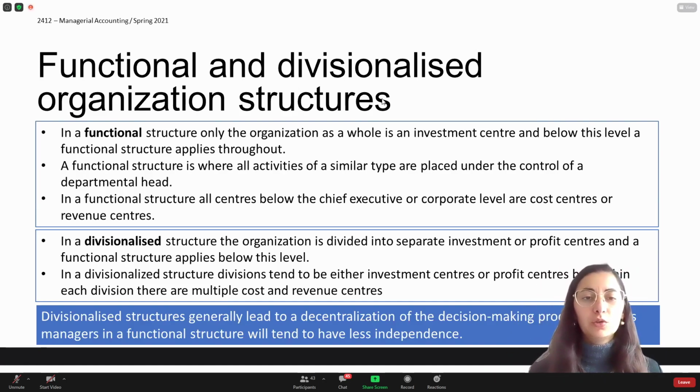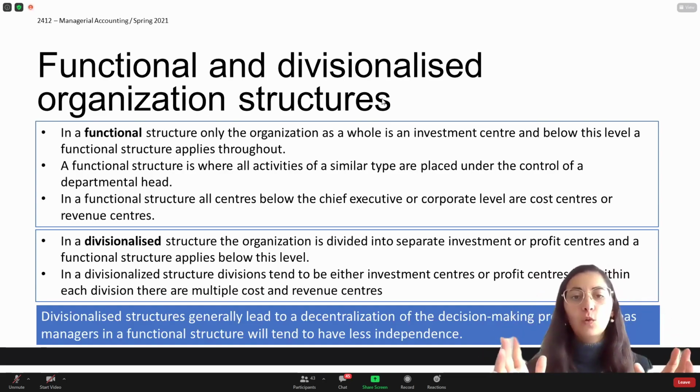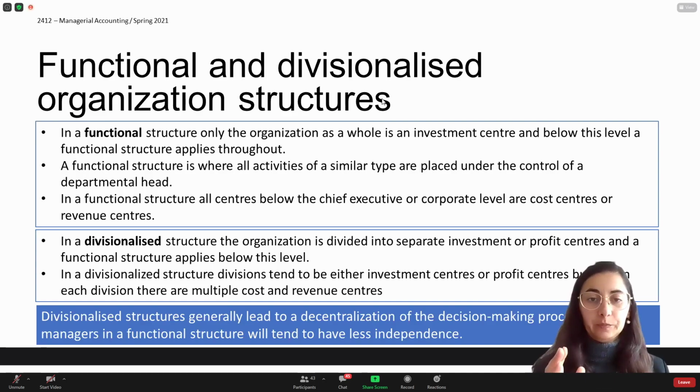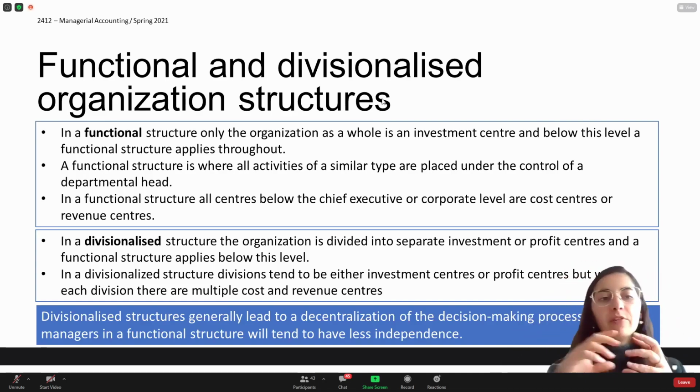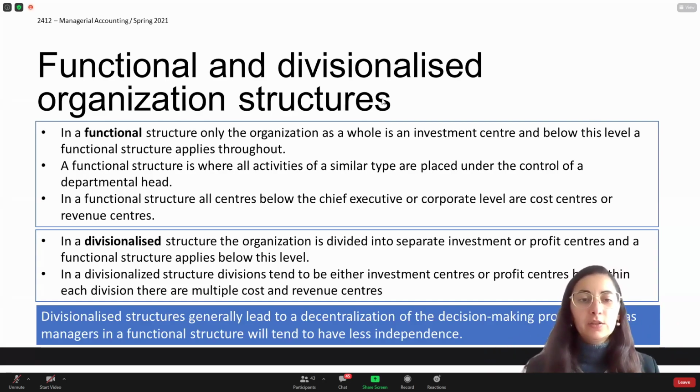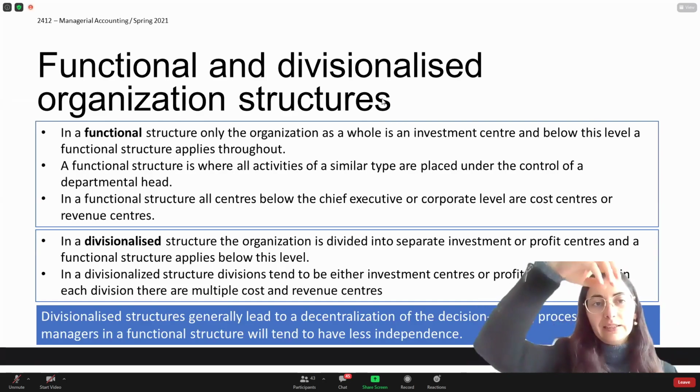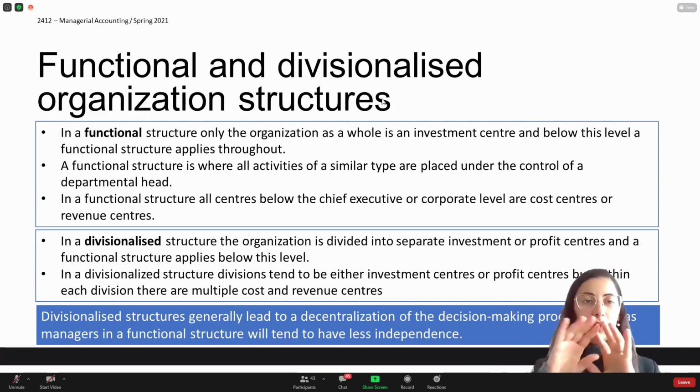So in a functional structure, the organization as a whole is an investment center. And then below this investment center, we have a functional structure. So there is the CEO that is responsible, and then we have the different departments of the organization.